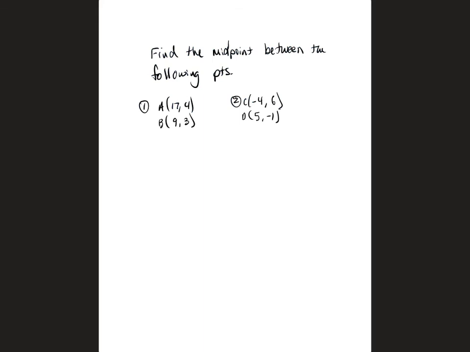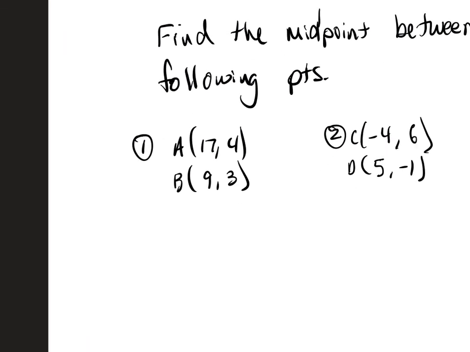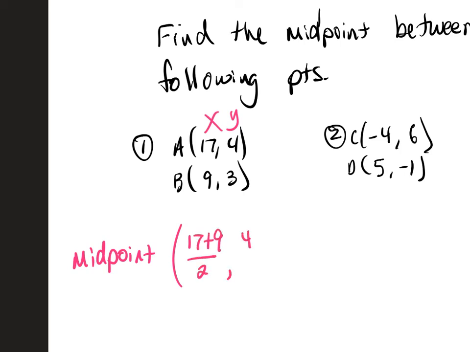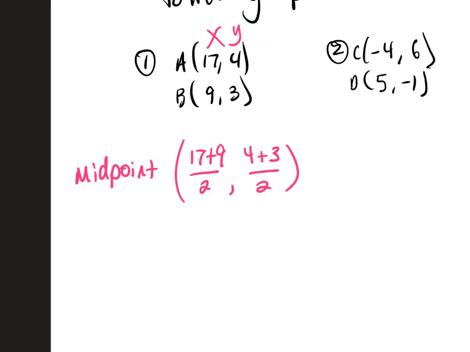So if we're going to do it here, I want to find the midpoint. Again, set it up. Here's my x's, here's my y's. It does not matter the order, just as long as you keep x's together and y's together. So I'm going to say 17 plus 9 divided by 2, and 4 plus 3 divided by 2. What is 17 plus 9? 26. So you have 26 divided by 2, and then 7 divided by 2.